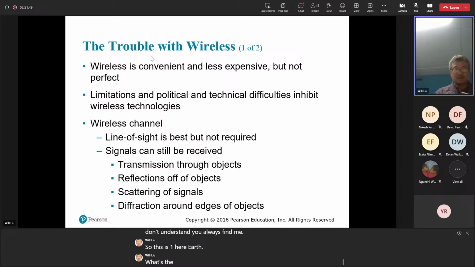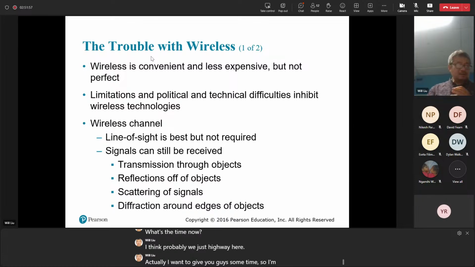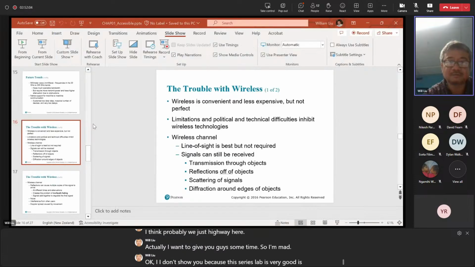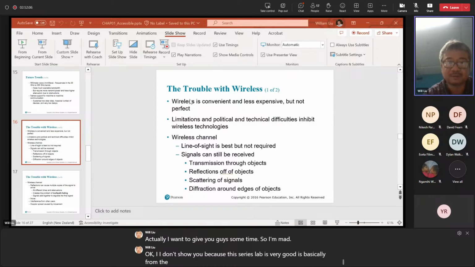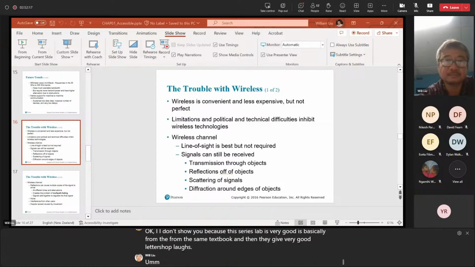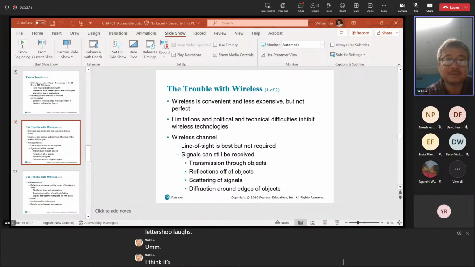What's the time now? I think we'll probably just cover up to here. Actually, I want to give you guys some tests, some labs. I can show you, because this series of labs is very good. It's basically from the same textbook, and they give very good, very sharp labs. I think it's Kurose, Jim Kurose.